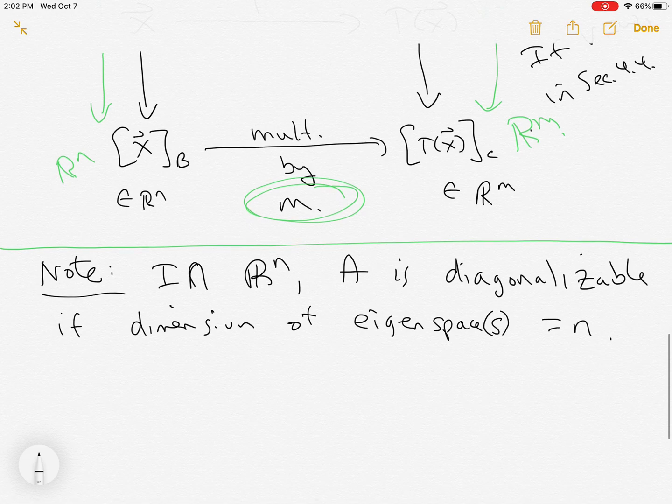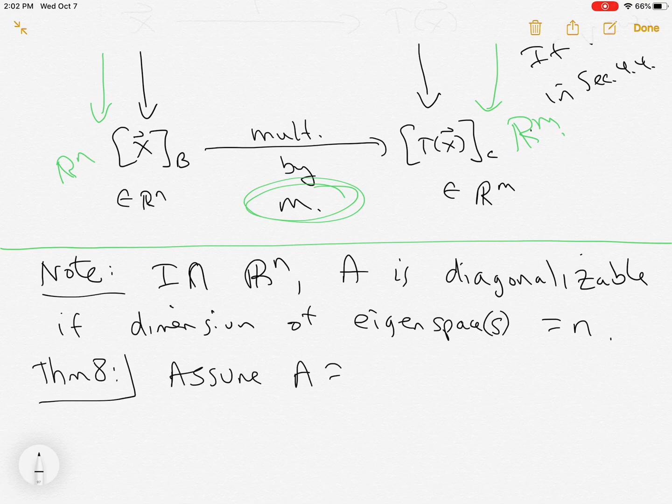Okay, and so this leads to the only theorem from this section. Let's assume A is diagonalizable, so that A equals P D P inverse for some D that's n by n.